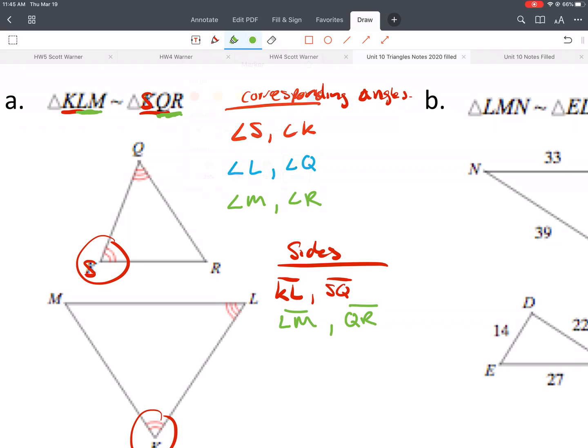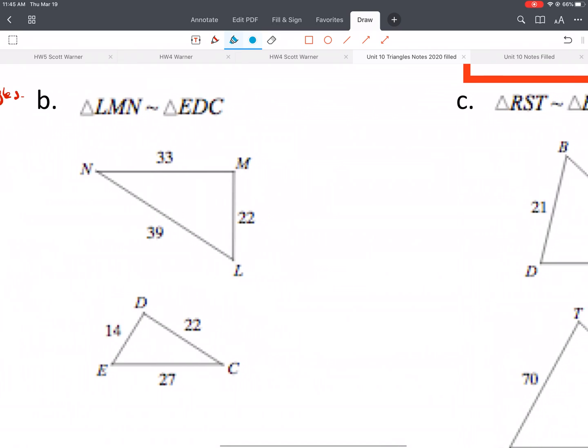And then the last would be KM and SR. So we can find all this information fairly quickly just by looking at the similarity statement. So let's give this one a try. Maybe you try this one, pause and see if you can get it, and then we'll do that together.